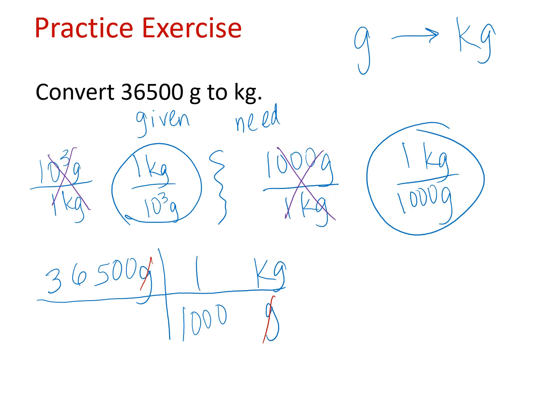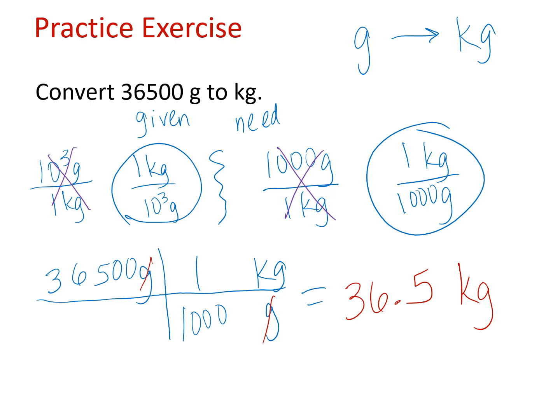My grams have canceled, so once I carry out my calculation, the remaining unit, which is what I needed anyway, is going to be the kilogram. So from there in your calculator, you will have your 36,500 times 1, which of course is still 36,500. You're going to divide that by 1,000, and in your calculator, it's going to give you 36.5.